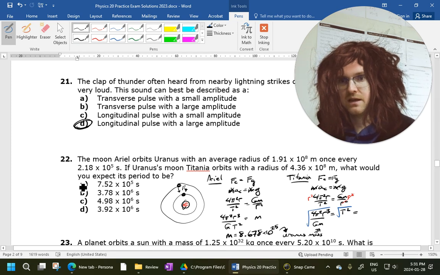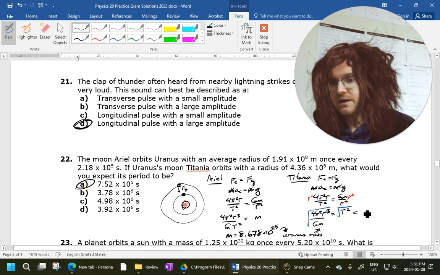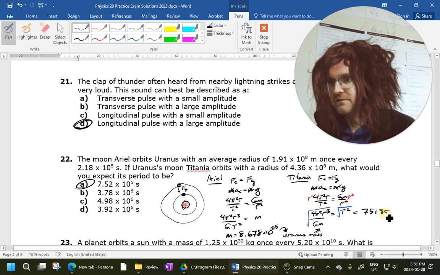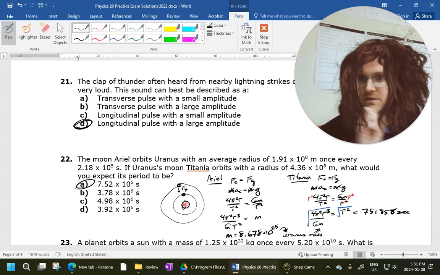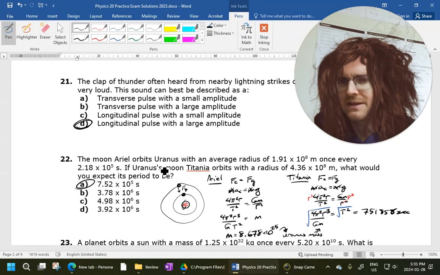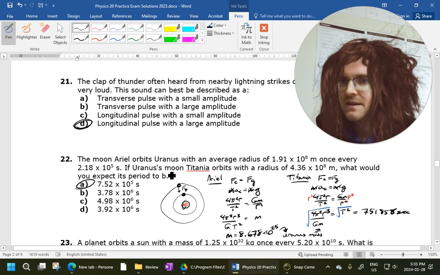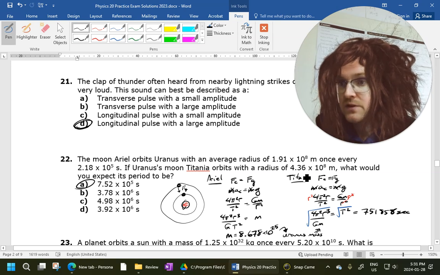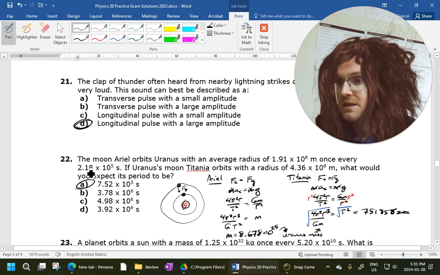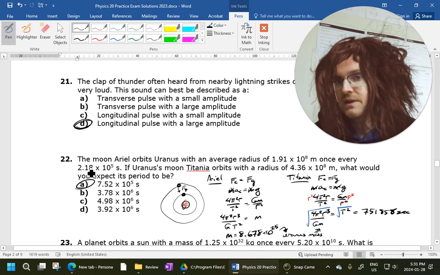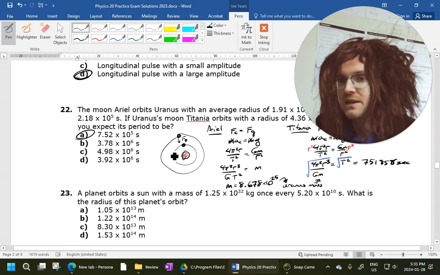I do, I get A. So I get 751,858 seconds. Not really round nicely. It's going to give me 3 sigdigs. It's further out, so I expected it to have a higher period, but these all have higher periods, so that doesn't help us.